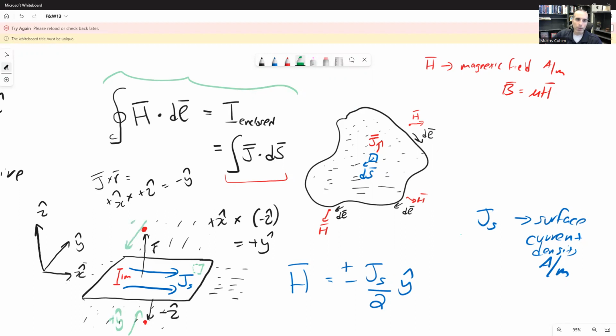So this should be the magnetic field H that is set up on this side.